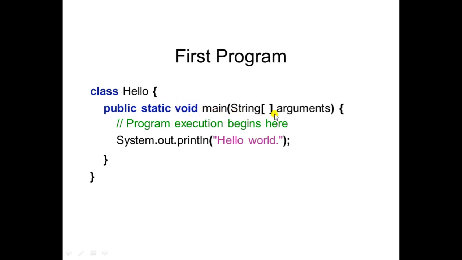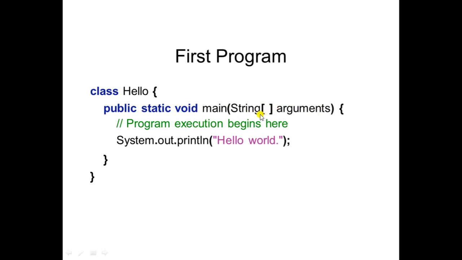Main, and in brackets String args. In Java, the string is one of the data types, and the name of the string variable is args. But you will find here that there is a square bracket.